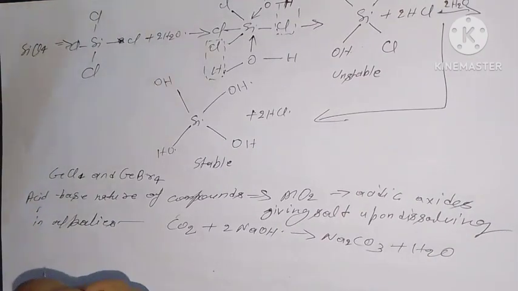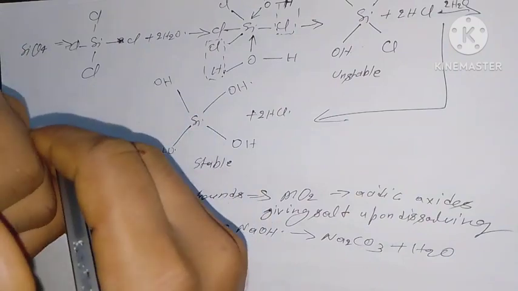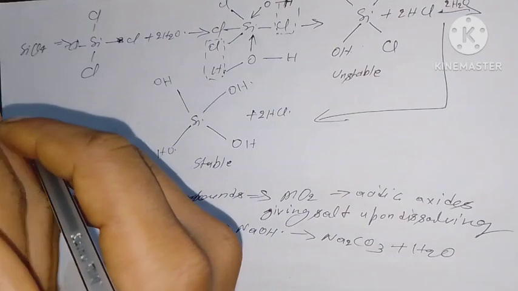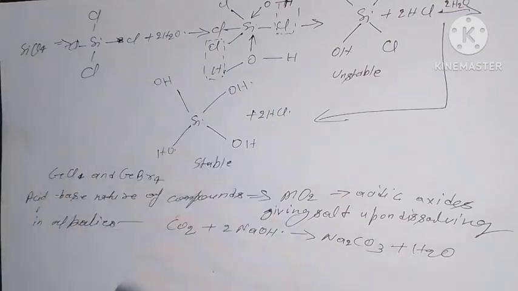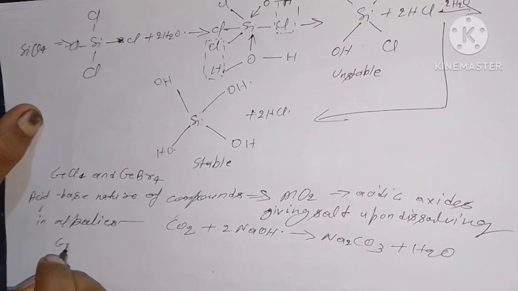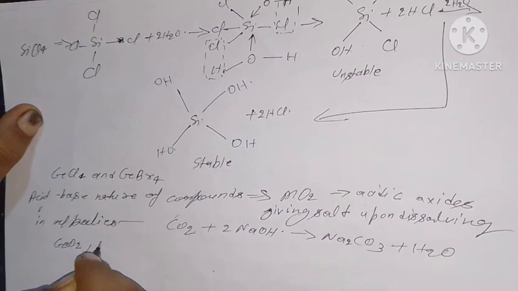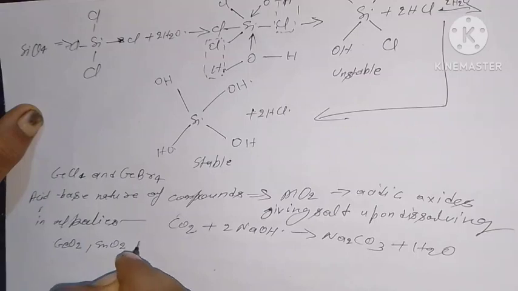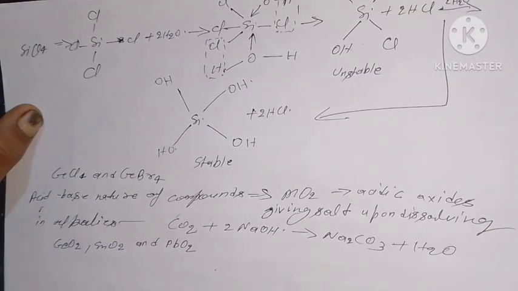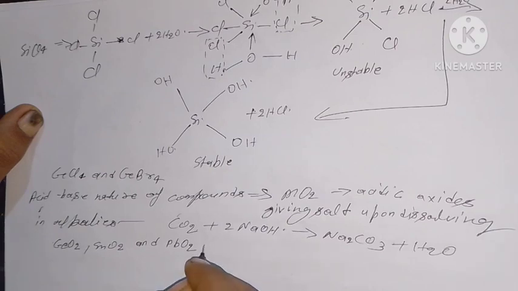Germanium oxide, GeO2, stannic oxide, and lead oxide, PbO2, are amphoteric.